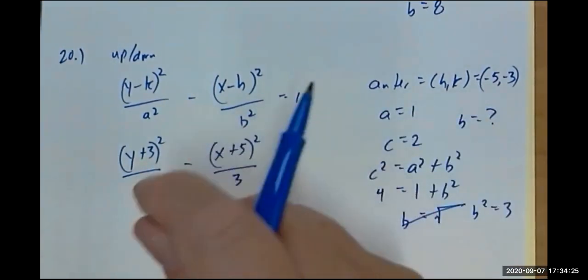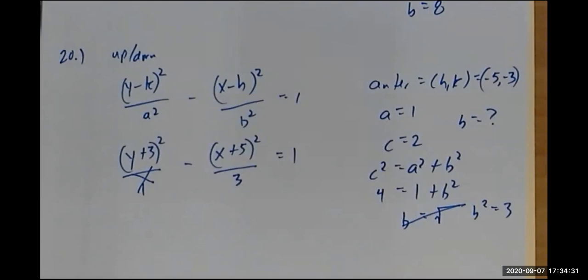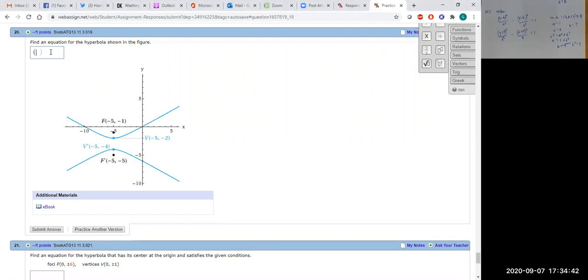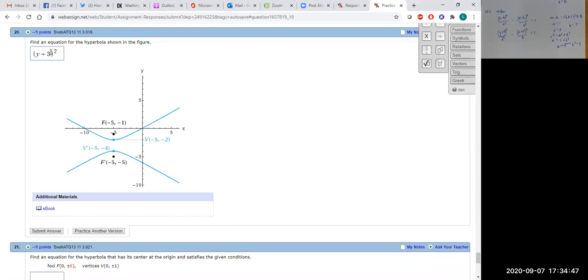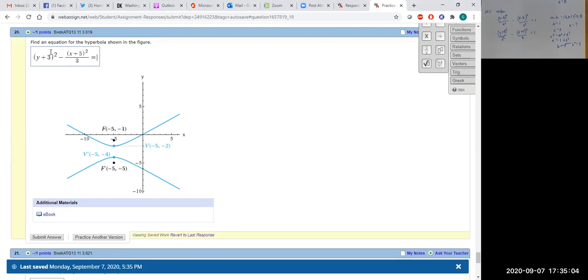Now normally I will not write a fraction of minus 1. I'll just write y plus 3 quantity squared minus x plus 5 quantity squared divided by 3 equals 1.